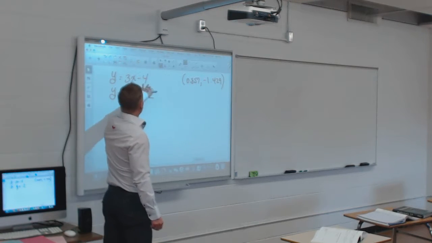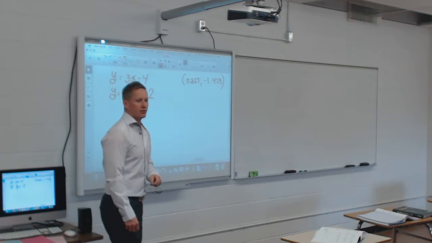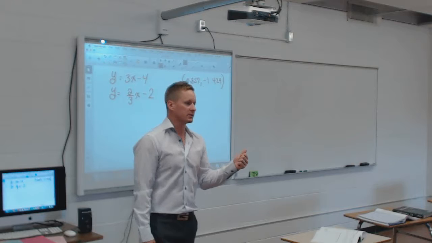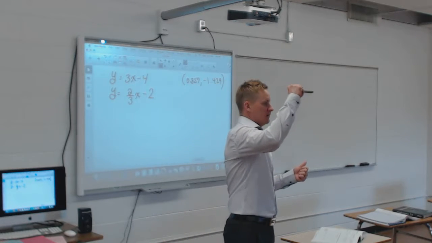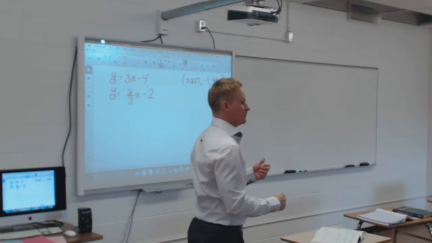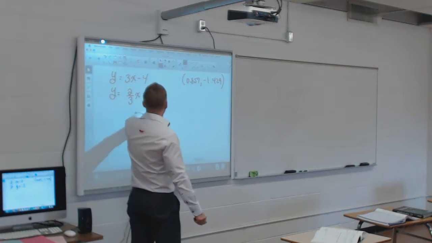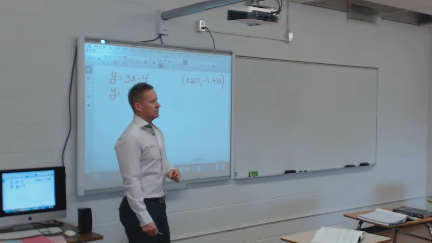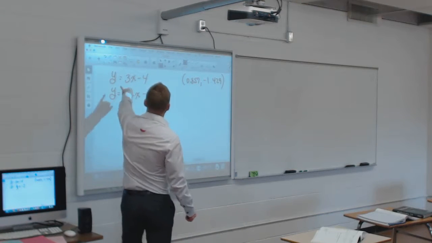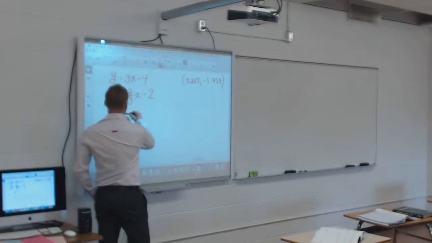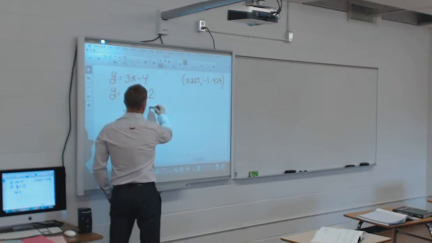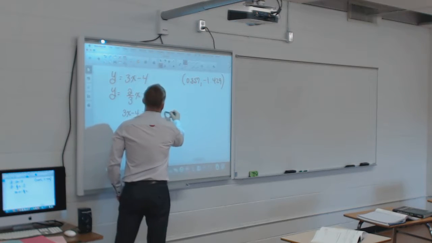So for example, this question, if I were to solve it algebraically, I can do one of two things. We can use the sum and difference, which means you get them lined up and you add and subtract them. We've gone through that. And then the second method was substitution, which is what I would do here. We know that y is equal to 3x minus 4 and y is equal to 2/3 x minus 2.